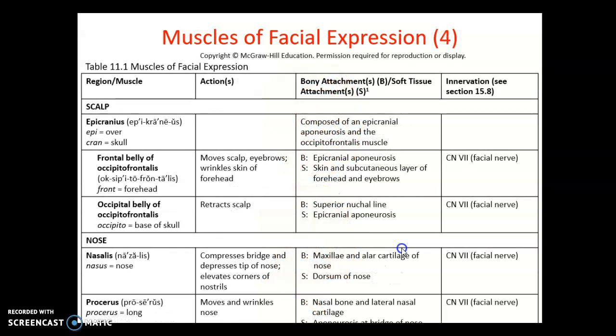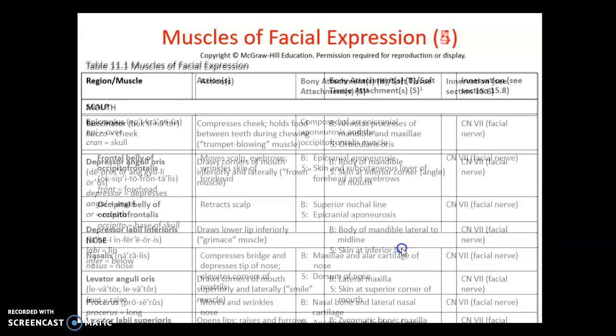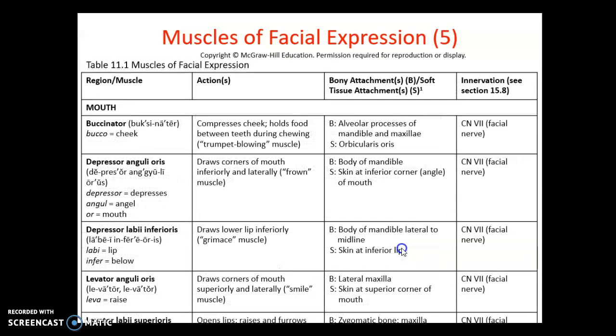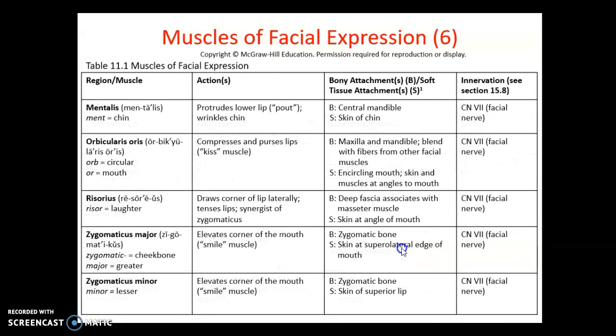So here is a beautiful table that you can use to study from. So scalp and nose. So it's easier to put these into those groups, like what are the muscles of the scalp? What are the muscles of the nose? And then go through those instead of trying to learn it all at once. And then here's more. There's more.